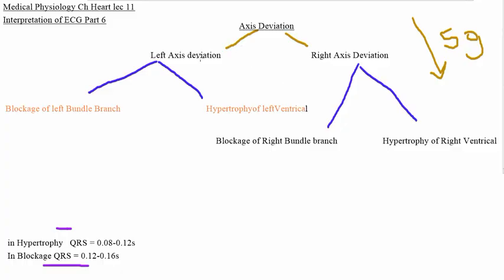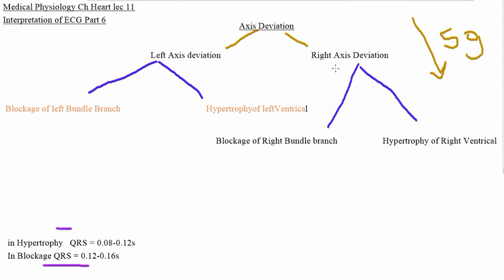First, I have explained to you there are two types of deviation: left axis deviation and right axis deviation. There are two causes of left axis deviation: blockage of left bundle branch or hypertrophy of left ventricle.